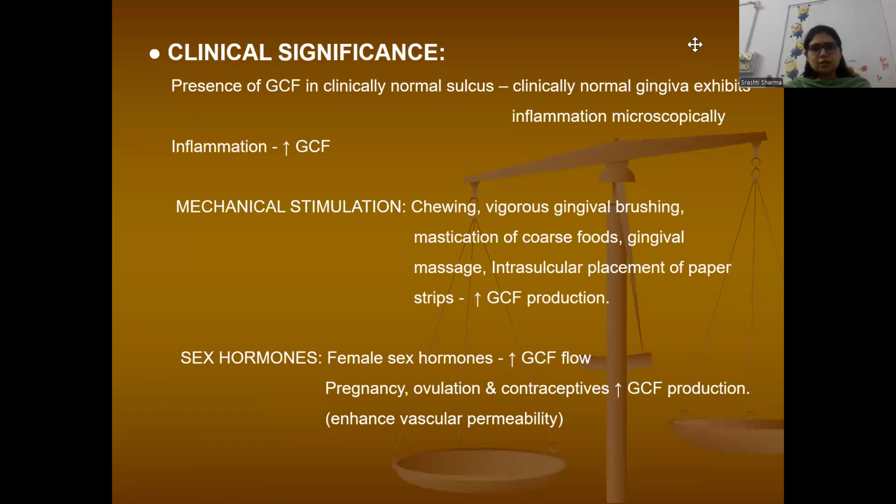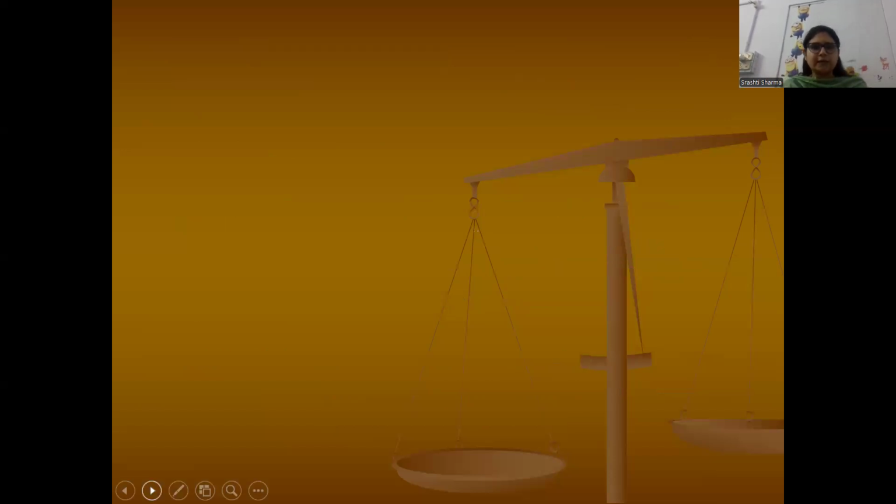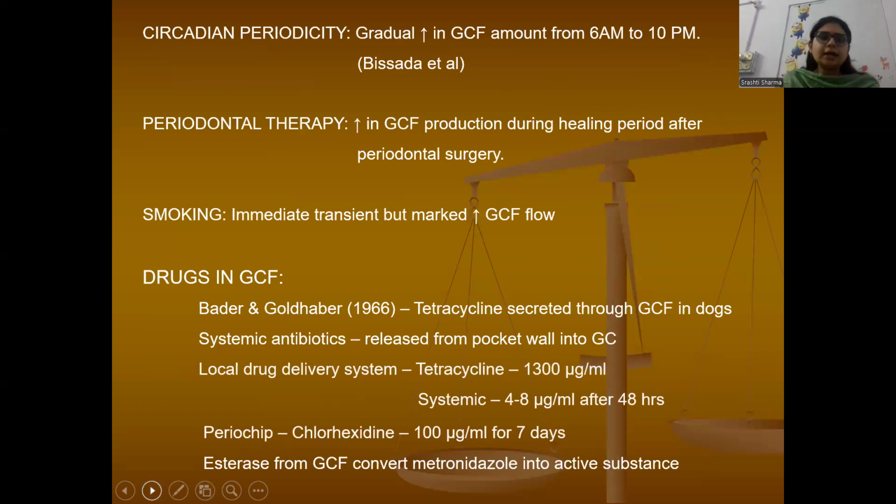Female sex hormones increase the GCF flow, for example in situations like pregnancy, ovulation, and contraceptives, and it also enhances vascular permeability. Circadian periodicity is gradual increase in GCF amount from 6 a.m. to 10 p.m. This is very important. Please remember it. Periodontal therapy: increase in GCF production during healing period after periodontal surgery. Smoking: immediate transient but marked increased GCF flow.